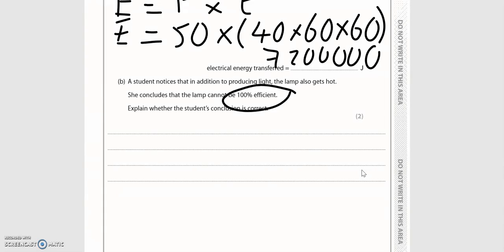But obviously if the lamp is also getting hot, that means that some heat or some thermal energy is also being produced. So yes, the student is correct, and your explanation is because energy is obviously being wasted as heat, which means that not all of the energy is going into producing light, which is the useful form of energy that you want.